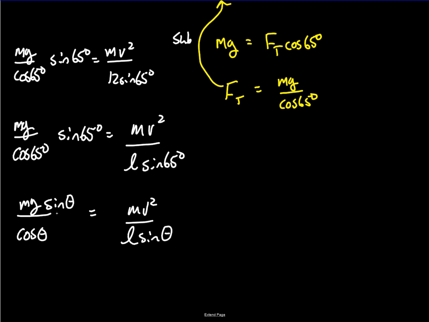Now, someone has pointed out that there's a trig identity, which is sine theta over cos theta should be equal to tan theta. I guess where that comes from would be thinking of how a right triangle shakes out.